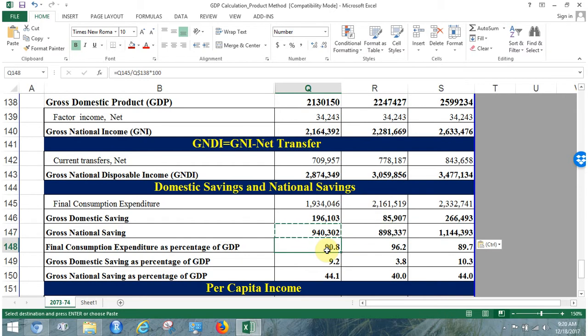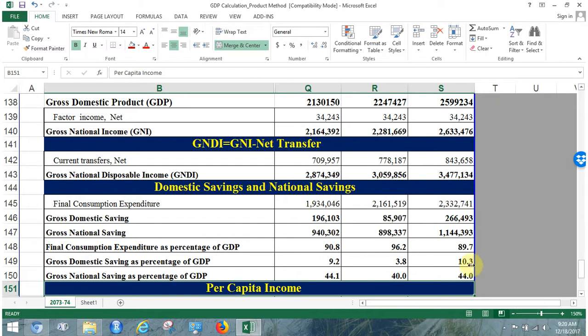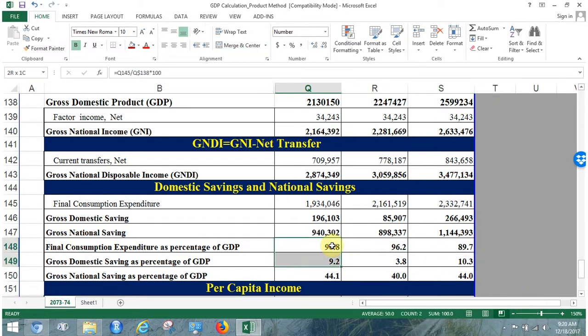So we can also calculate the final consumption expenditure GDP ratio, domestic saving GDP ratio, and national saving GDP ratio. So this is simply the consumption expenditure divided by GDP, domestic savings divided by GDP into 100, and national saving divided by GDP into 100. And we can use this formula for all the 3 years.